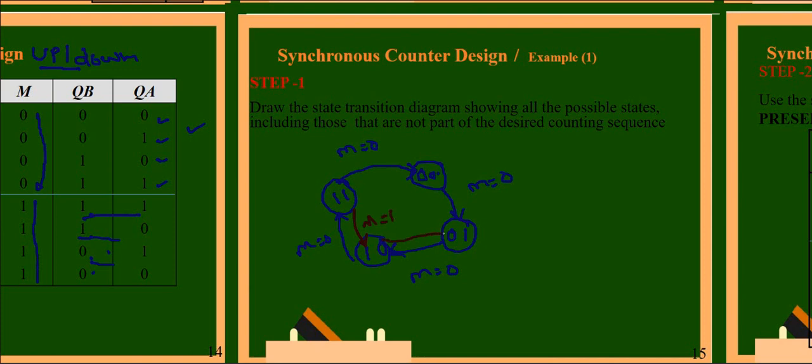Similarly, 10 to 01, also M is equal to 1, or 01 to 00, or 00 to 11. All these conditions we call M equal to 1. So this is the state diagram. It has two directions, so we can call it bidirectional, depending upon the M value. If M is 0, it acts as an up counter; if M is 1, it acts as a down counter.